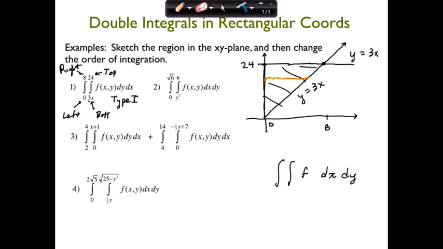The left side is 0, and the right side is going to be a y value, right? But expressed in terms of x. No, sorry, it's the x value expressed in terms of y, which would be 1/3 y.